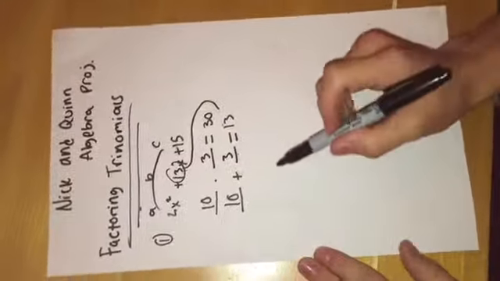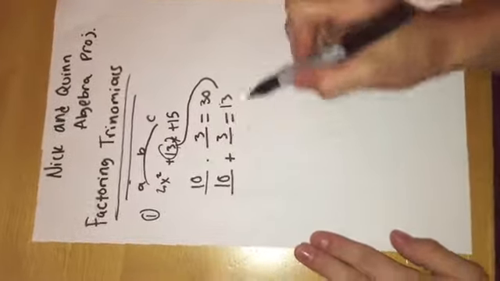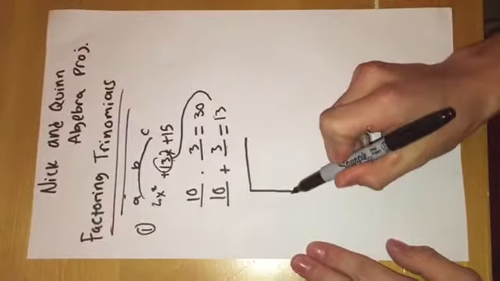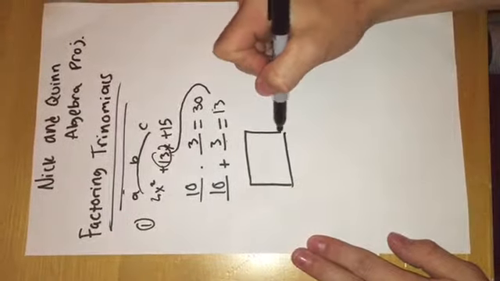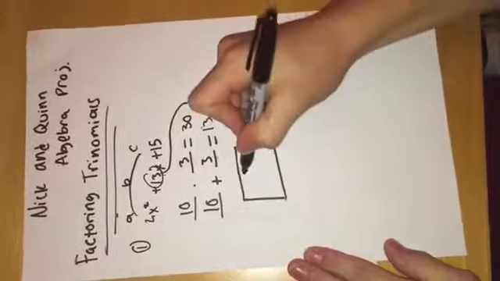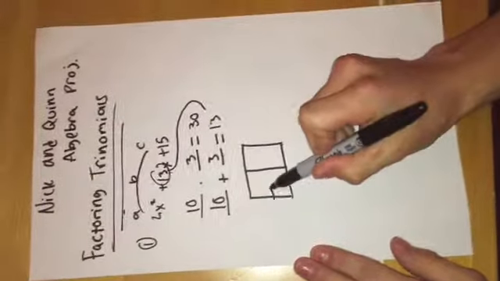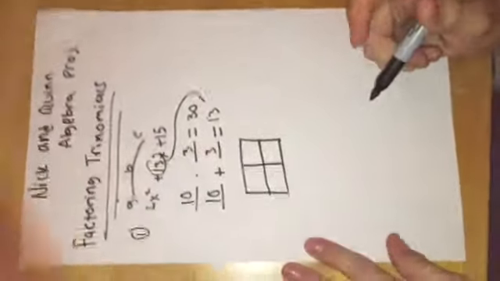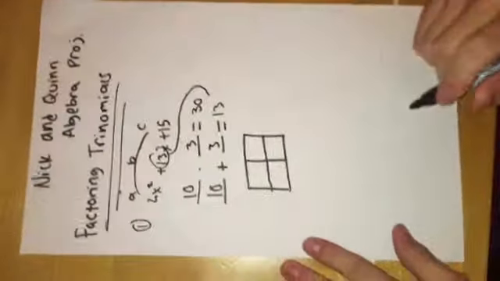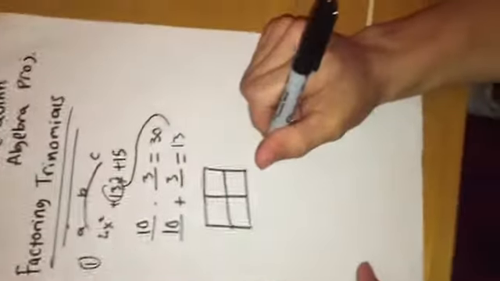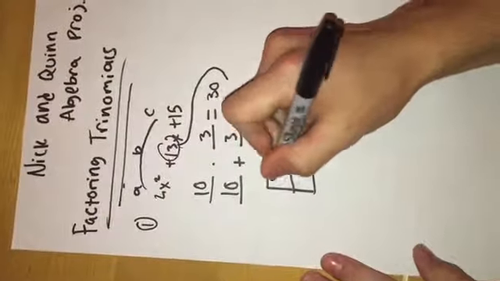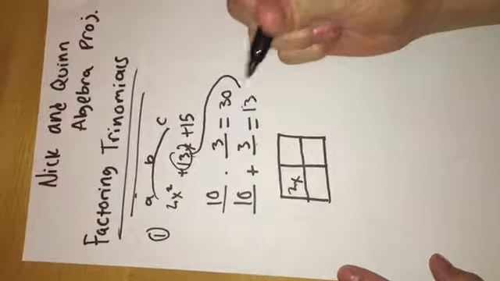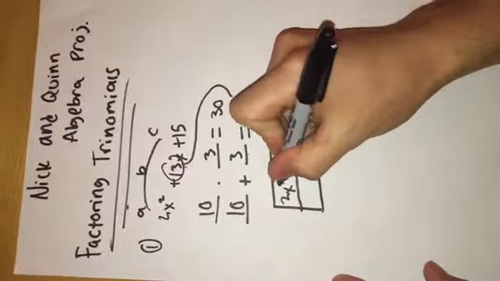And from there we're going to go to the box method, which is you're going to make a box, like so. And what you're gonna do is you're gonna put 2x squared in the first one because that's a, sorry.